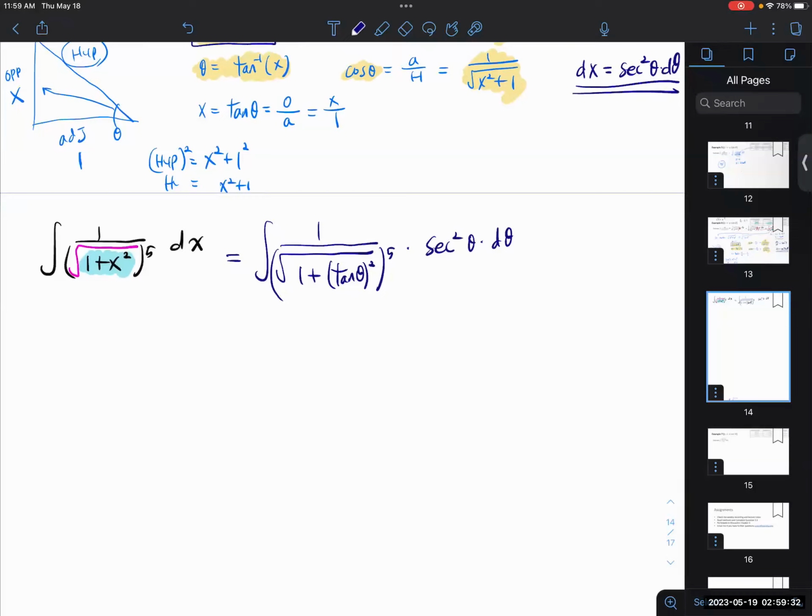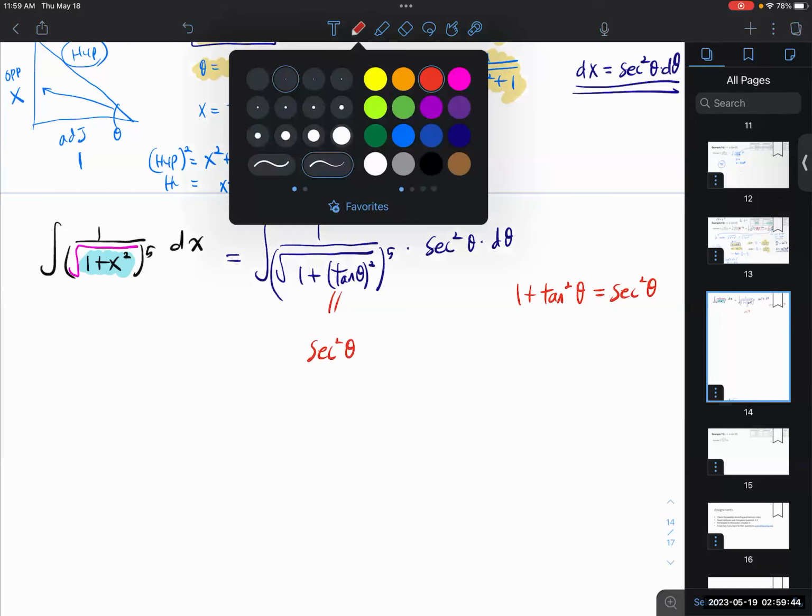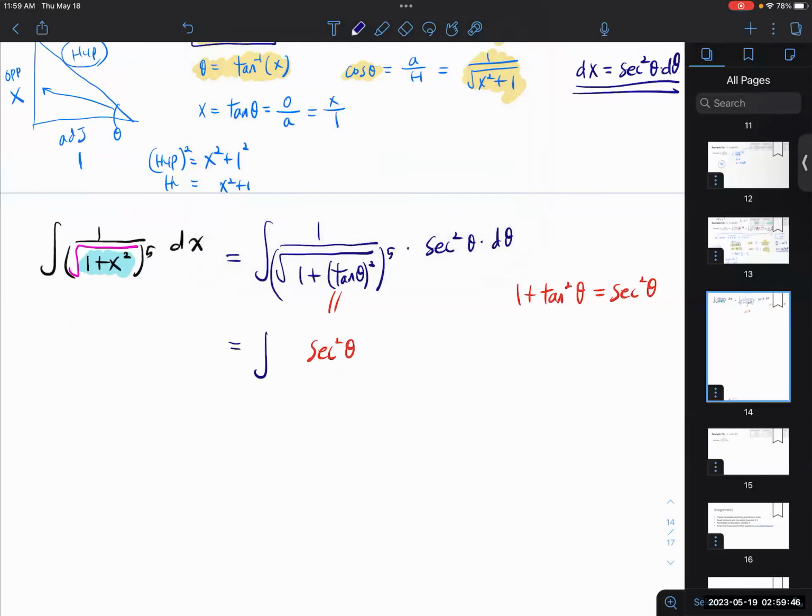All right, according to the identity, if you go up, 1 plus tangent squared theta is the same as secant squared theta. So I can convert this to secant squared theta, correct? So if we do the integral, what happened? Radical of secant squared theta to the 5th, and we have secant squared theta d theta.